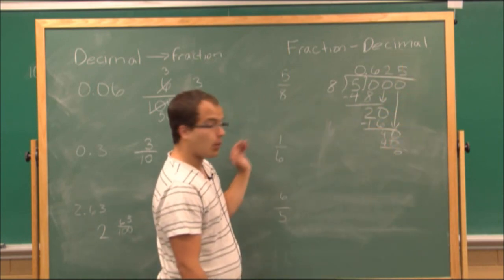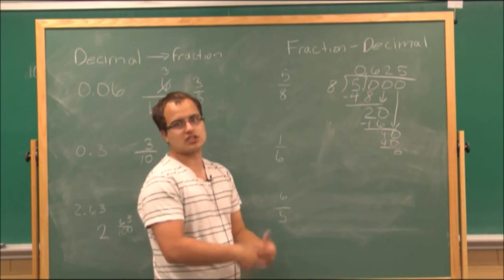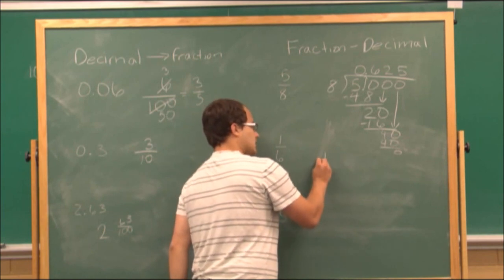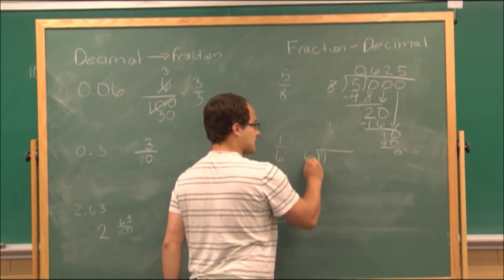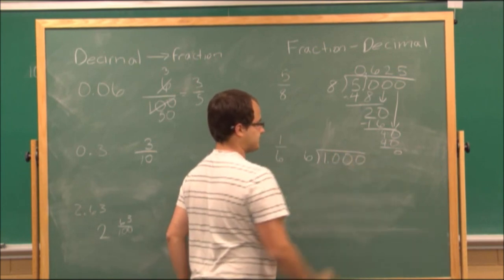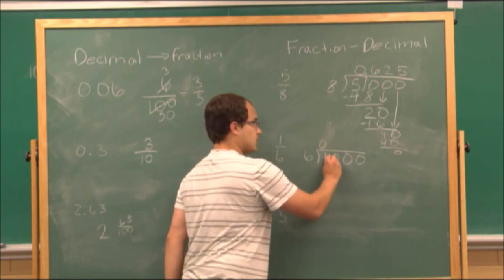Now the next example, 1/6, we're going to run into a non-terminating decimal because it just keeps on going. So again, I'm going to take the 1, divide it by 6, and add about 3 zeros. Does 6 go into 1? No. Bring the decimal up.